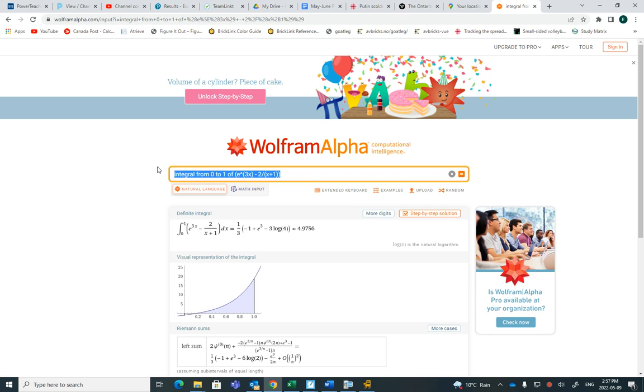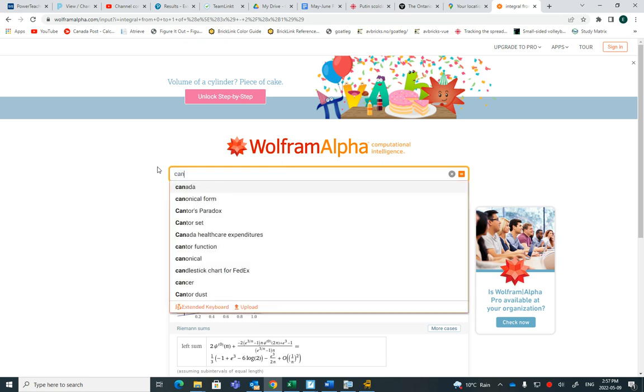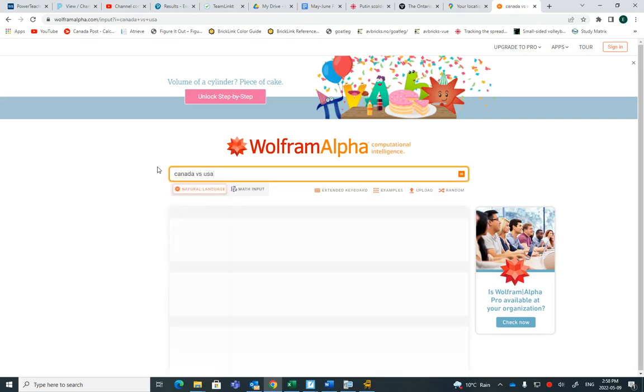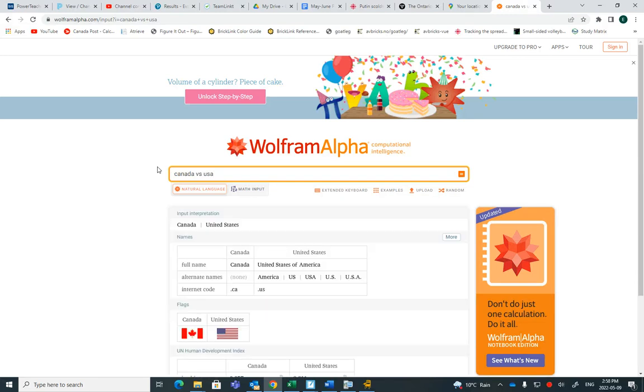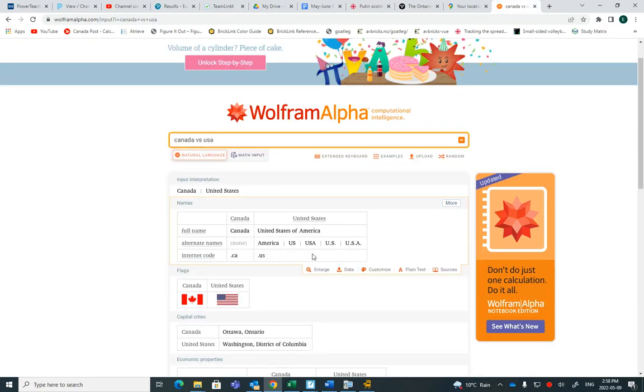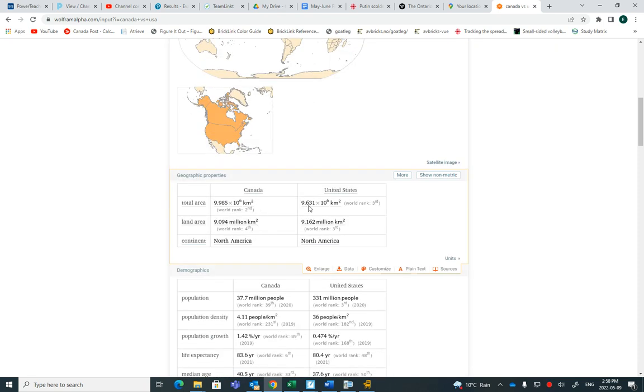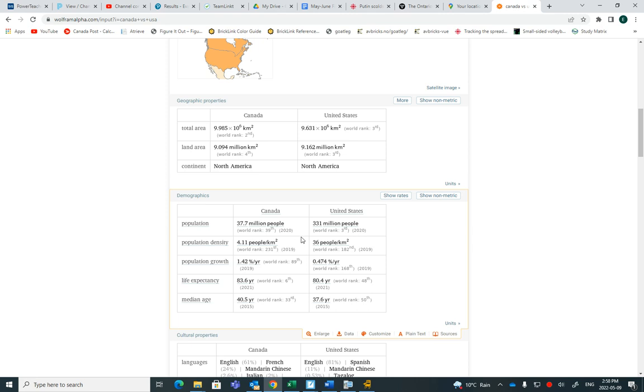You can type in anything in here, like Canada versus the US. Oh, look at this. What kind of math can we do? We can do the total area of the two countries. We can find the land area. We can find population and compare it.